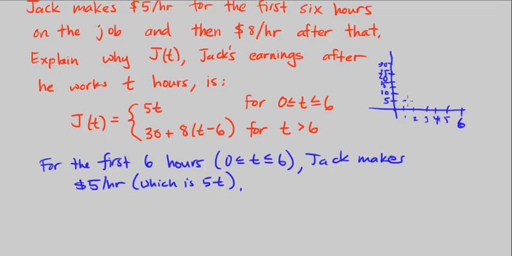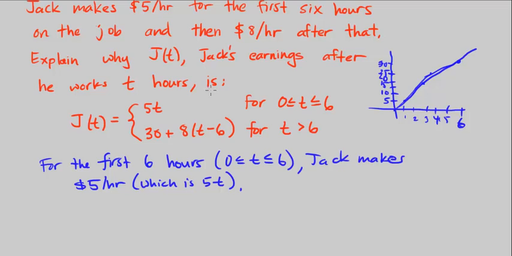So in the first hour, he's making $5. Second, he has $10. Third, he makes 15. Fourth, he makes 20. Fifth hour, he makes 25. This should be a nice straight line. All right, in 6 hours, he has $30, right?